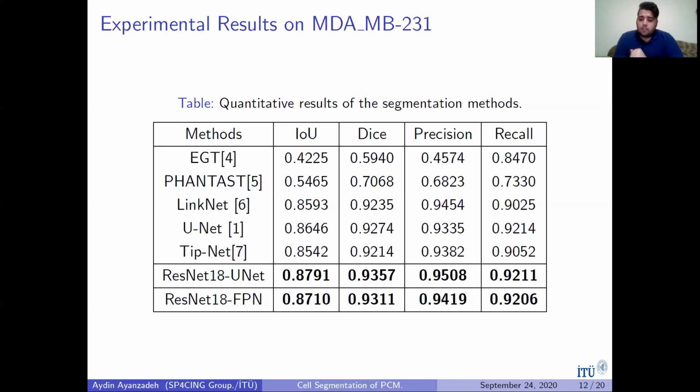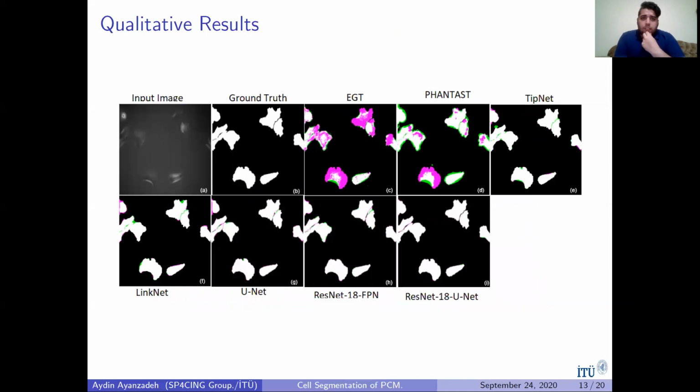So in the next slide, we show the qualitative results of the methods. As you see, the purple part is the false negative parts, and the green part is the false positive part.